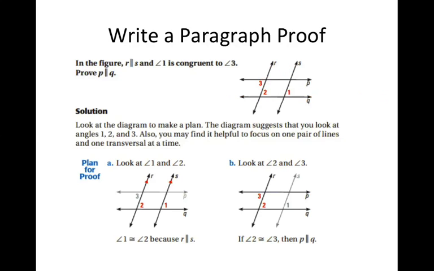So, if I can prove that 2 and 3 are congruent to each other, then I can prove that P and Q, the other 2 lines, have to be parallel to each other, because now R will become my transversal.